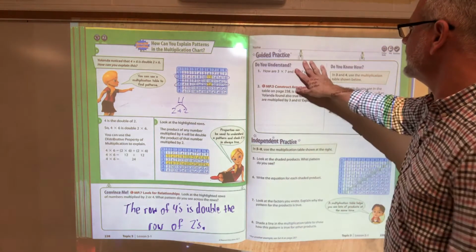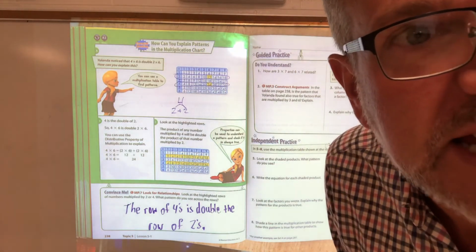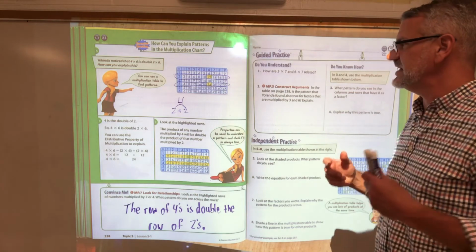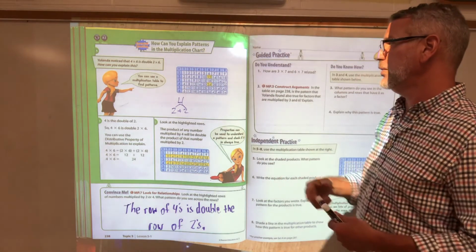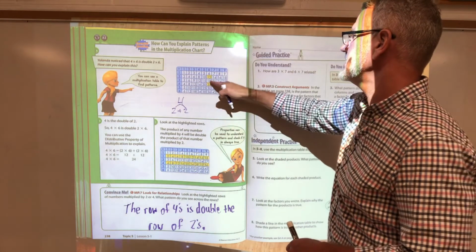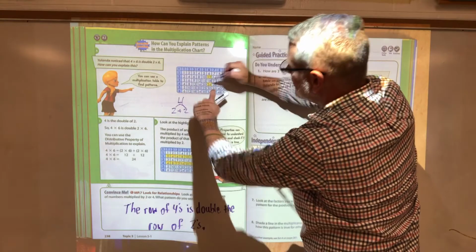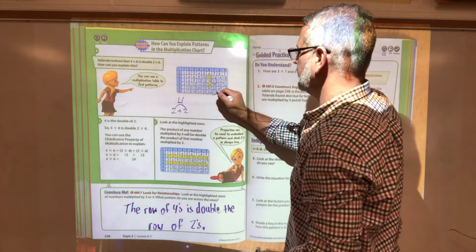All right, let's jump up here to the guided practice. Do you understand? How are 3 times 7 and 6 times 7 related? Well, 3 times 7 is 21, and 6 times 7 is 42.